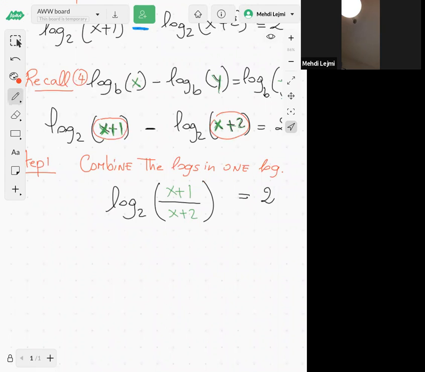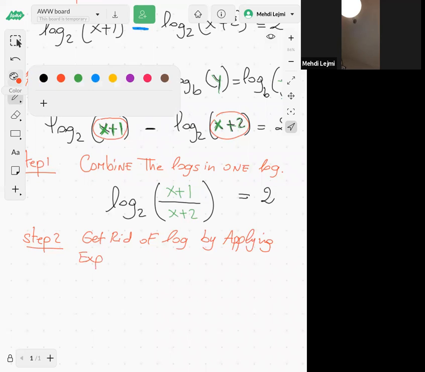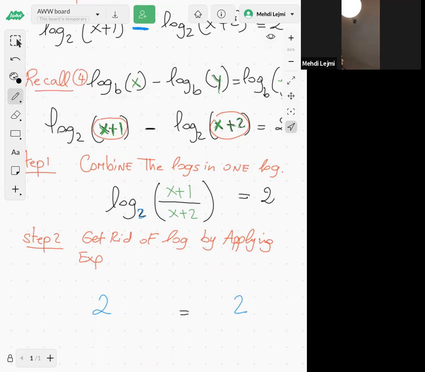So step number 2, which is again the same step as the previous example. I get rid of the log by applying exponential. This is log in base 2, so here's my exponential in base 2, and on the right side as well, and in the top as exponent I'm gonna put the left side of this equation, which is log in base 2 of x plus 1 over x plus 2.